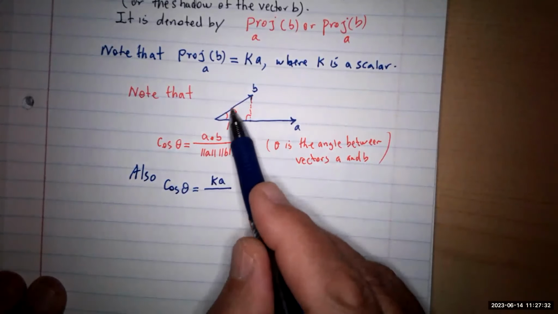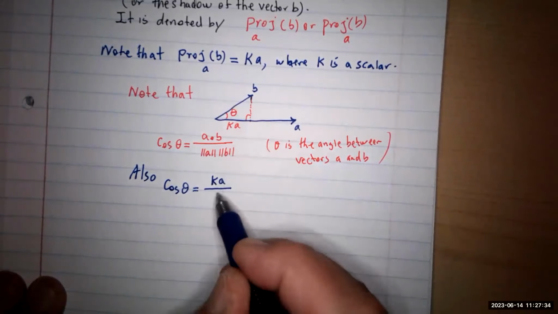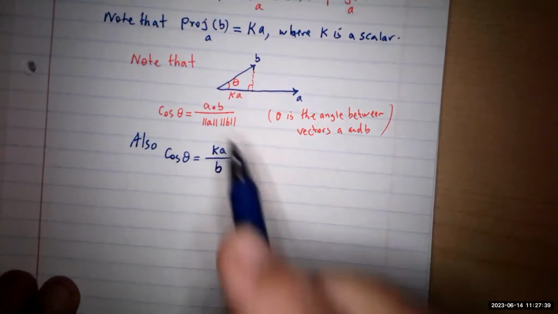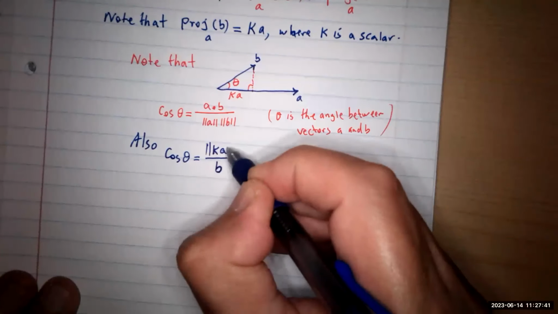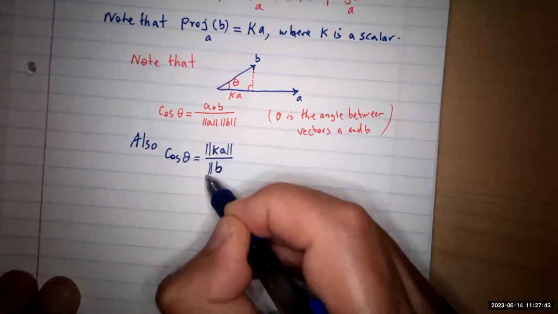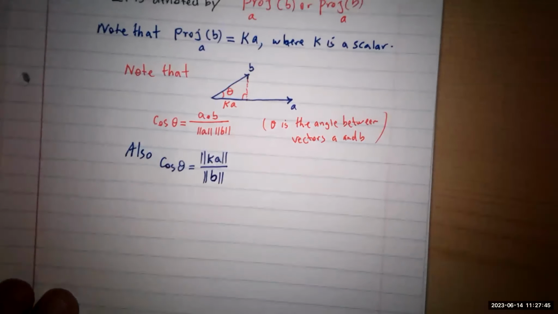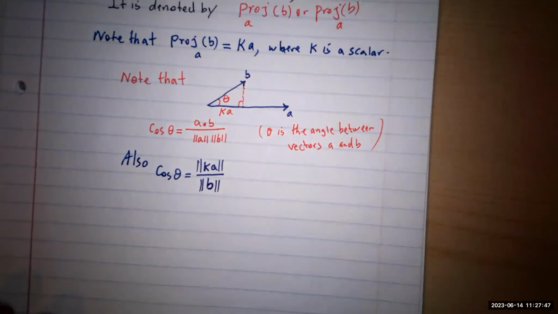It's going to be KA divided by the hypotenuse, which is going to be B. But I'm just talking about the length of this. So this is going to be the norm of the KA, and this is going to be the norm of the B. So I just use the definition of the cosine to get this number.